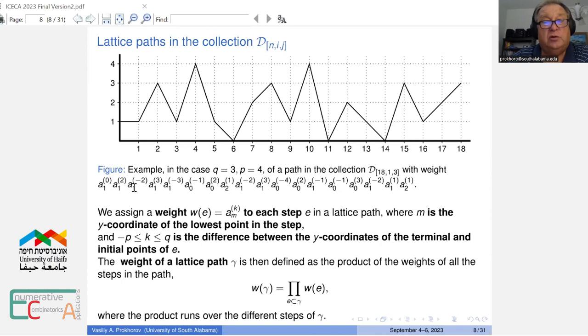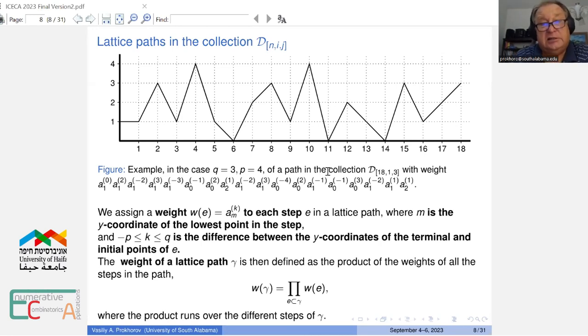Then one more step, a drop of 2 units down, and the upper index is -2, because we drop negative 2 units, and the y coordinate of the lowest point is 1. And we can do it for all possible steps.